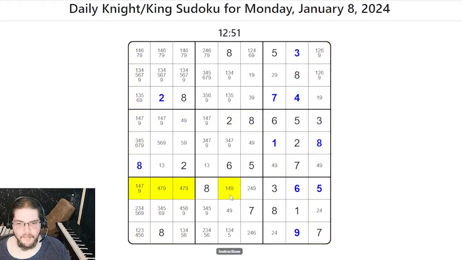We have a 1, 4, 7, 9 set here, which means that can't be a 1, a 4, a 7, or a 9, forcing it to be a 2.